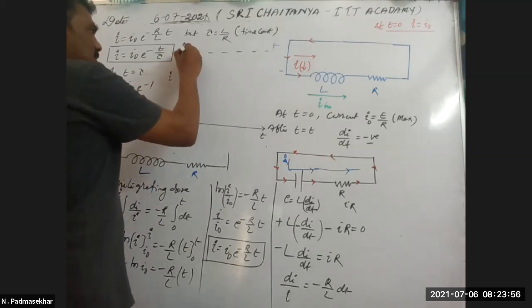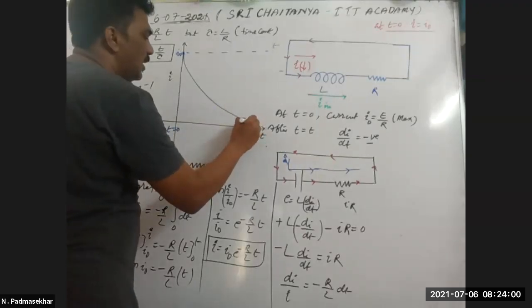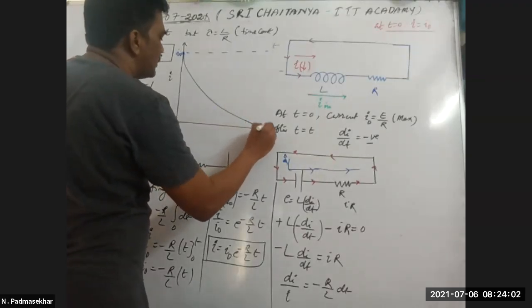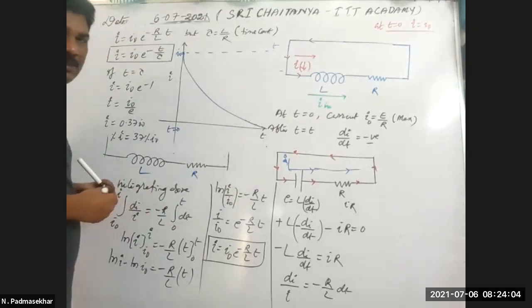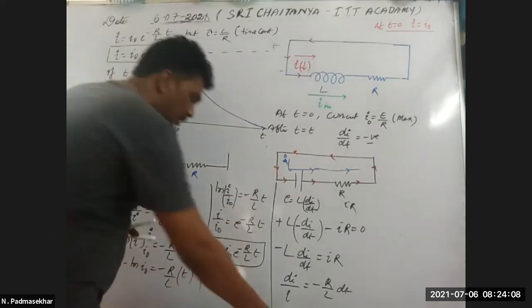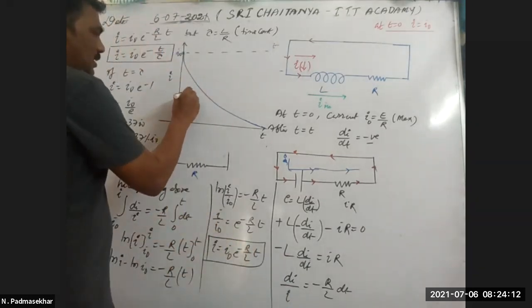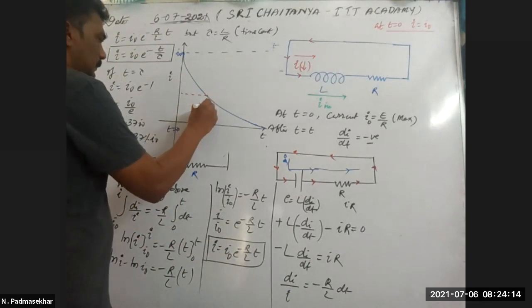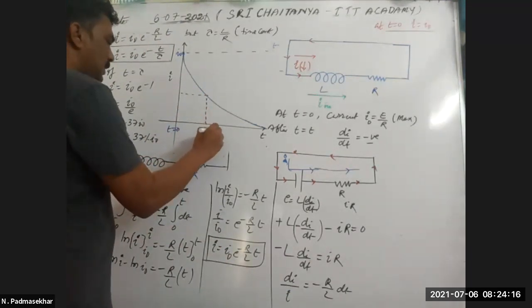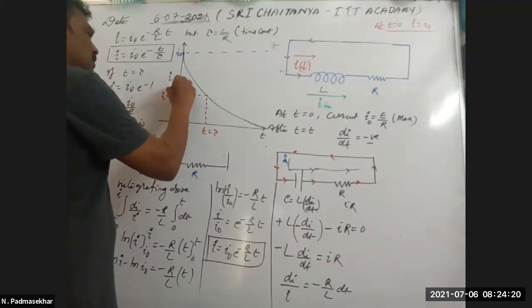Finally the current starts decreasing, and at t is equal to infinity, the current becomes 0. At t is equal to tau, I is equal to 0.37 I naught.